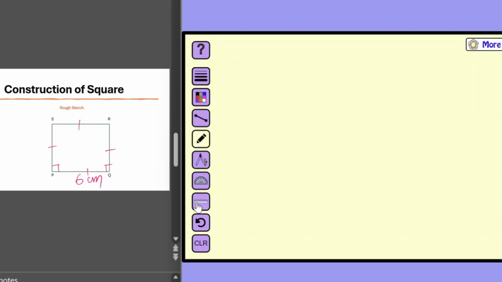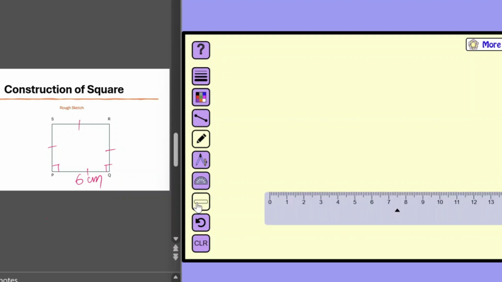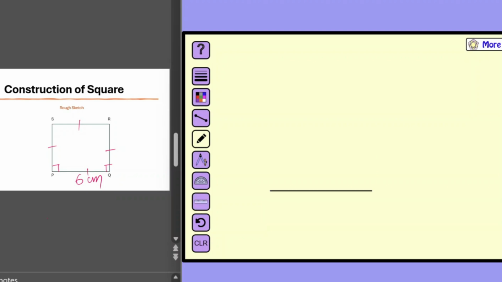Based on our rough sketch, let's construct a square. First, I'll make line segment PQ with length 6 cm using my ruler and pencil. This is line segment PQ with length 6 cm. Now I have to construct 90-degree angle either at point P or Q. Here I construct at point Q.